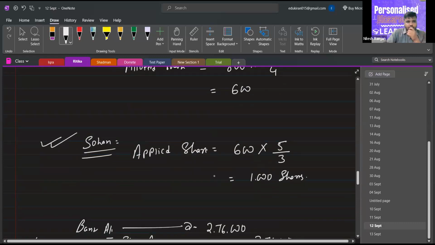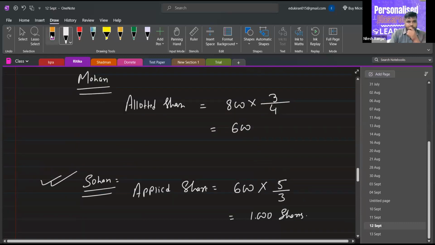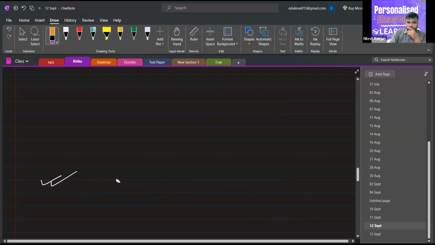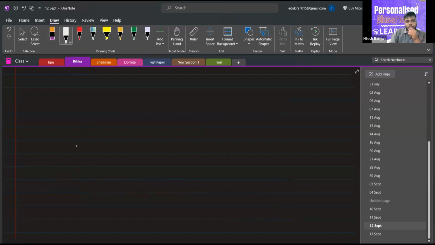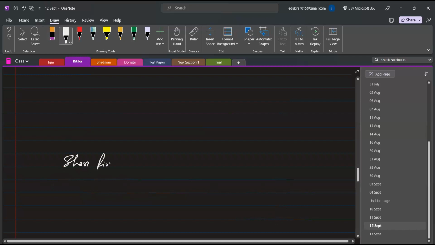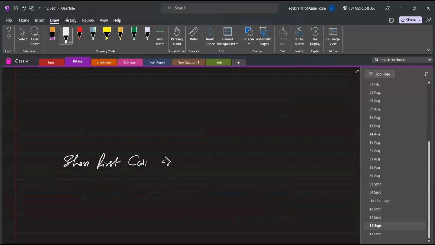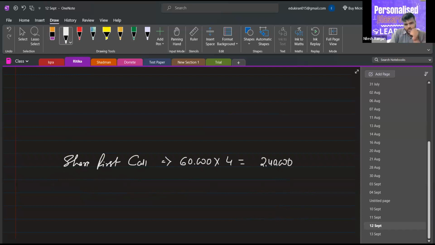Okay, let me change this a bit. I'm writing the calculation part here. How many shares have we given to Mohan and Sohan? For Mohan, it is 1,000 shares, and Sohan 600 shares. No, it is not correct actually.